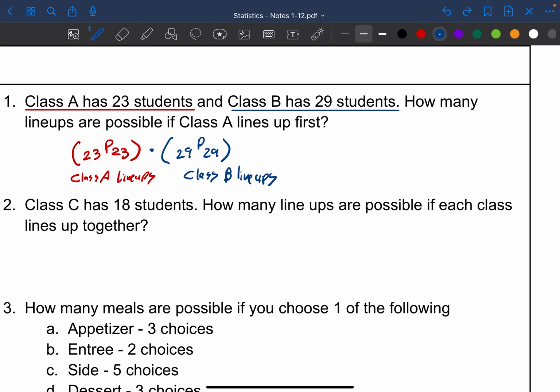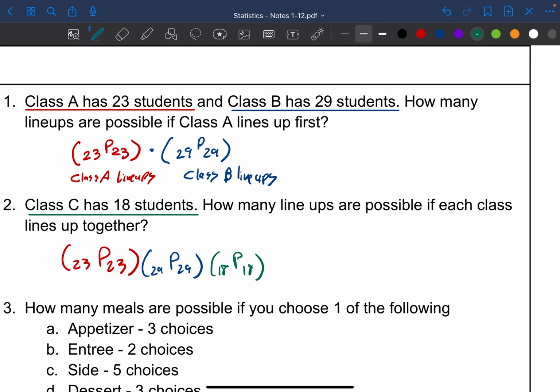Now, number 2 adds in a Class C. Now, we still have Class A, and we have Class B. But now we bring in Class C with 18 students, and we're going to have all 18 of them line up. But notice what it doesn't say. In number 1, it says Class A lines up first.